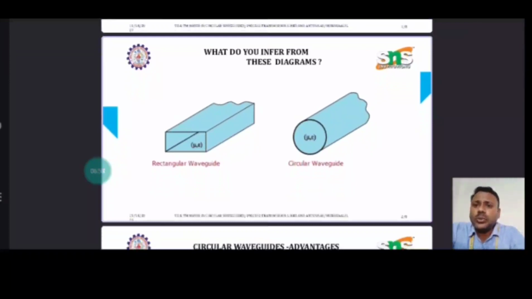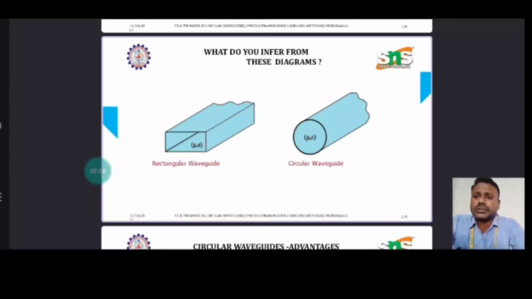Here the values mu and epsilon are present in both rectangular and circular. Mu comes under transverse magnetic waves, and epsilon comes under transverse electric waves. So this is the design structure of circular waveguides.